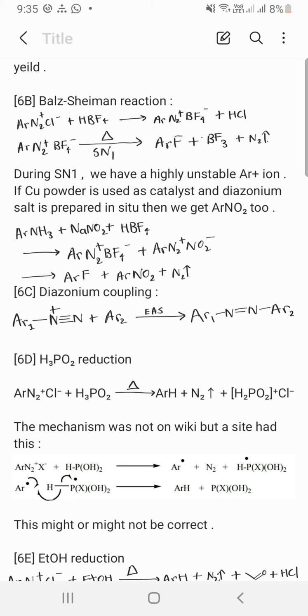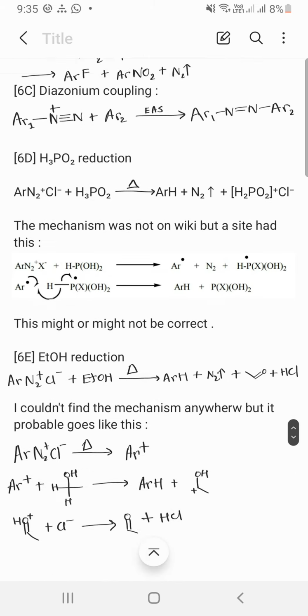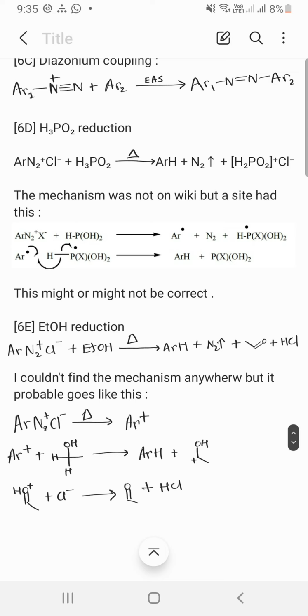Okay, fine. Diazonium coupling, well known. H3PO2 reduction. This is weird. So yeah, this happens in fact, even though it's weird. Cool.